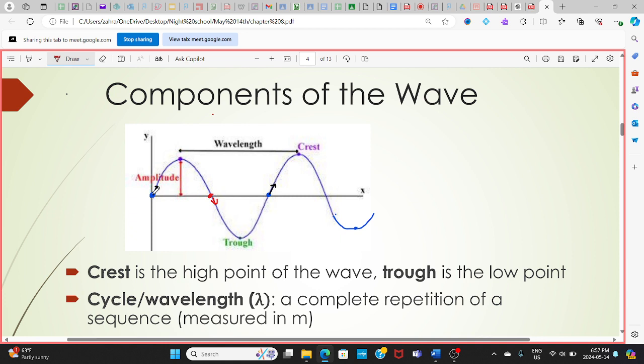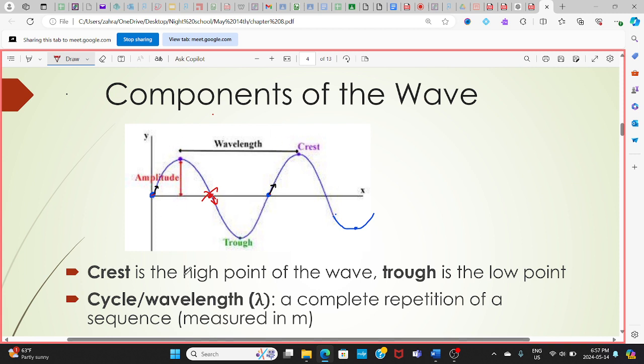So this point and this point have the same level, but the particle here is moving down, so they are not the same point, right? This point and this one, the particle is moving up. I hope it's clear what I mean by equivalent point. So the distance between any two equivalent points will be the wavelength.